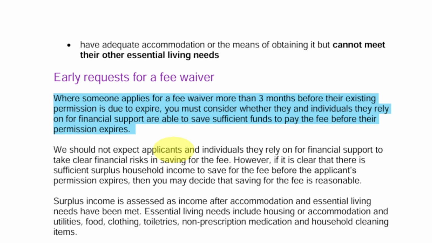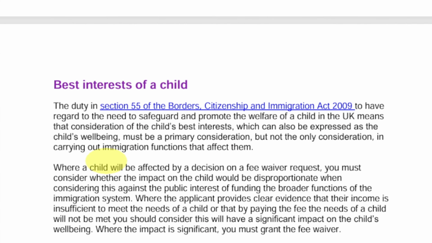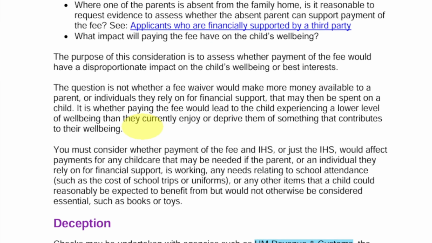We should not expect applicants and individuals they rely on for financial support to take clear financial risk in saving for a fee. However, if it is clear that there is sufficient surplus household income to save for a fee before the applicant's permission expires, then you may decide that saving for a fee is reasonable. For the best interests of a child, they have explained what the scenario will be if you have a child.